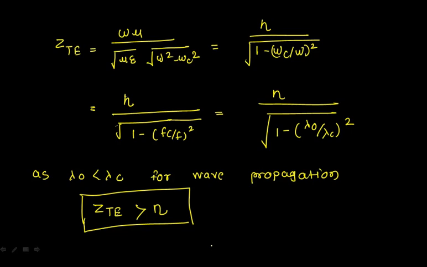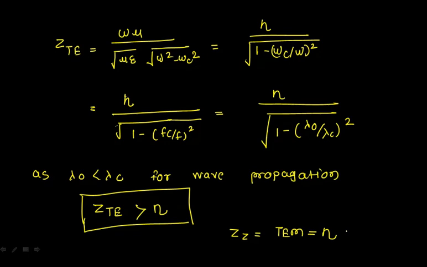We have seen the TM wave, then the TE wave, but for a TEM wave, if I talk about the Z of the transverse electromagnetic wave, it will be eta. Okay? So this is all about the impedances associated with the TM wave, TE wave, and TEM wave.